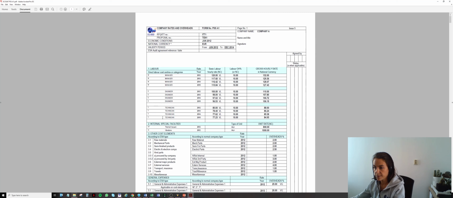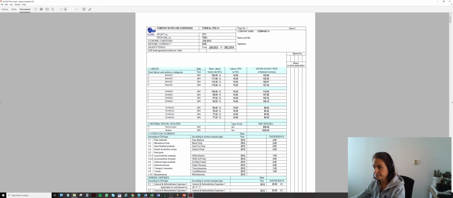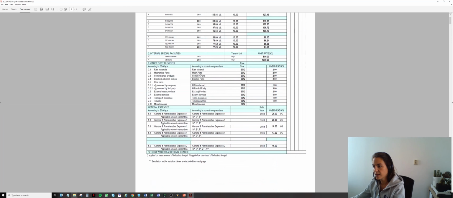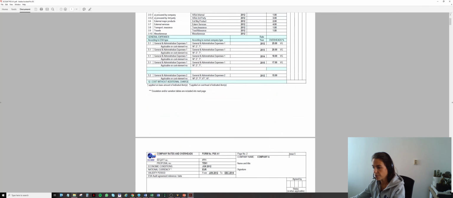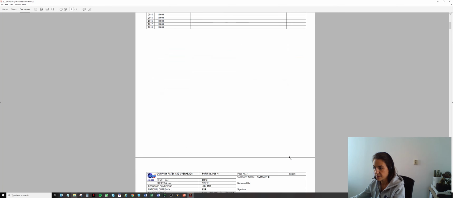So you have your labor categories, you have the years here, basic labor hourly rates, your percentage of overheads, and ECOS has made the calculation. You can find the overheads on your other direct costs, also the one related to the G&A, percentages related to G&A and profit, variation, escalations, etc.